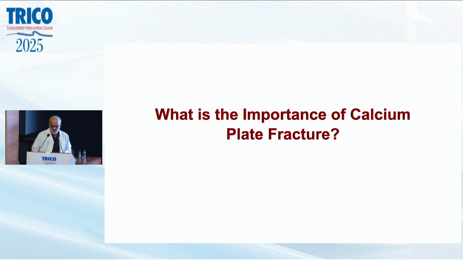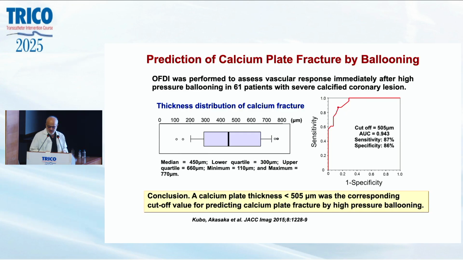And this was on the basis of a beautiful seminal study done by Professor Akasaka, and this is the study. The prediction of calcium plate fracture by ballooning, a very small study, involved only 61 patients. The study concluded that a calcium plate thickness less than 500 micron was the cutoff value for predicting calcium fracture by high pressure ballooning.